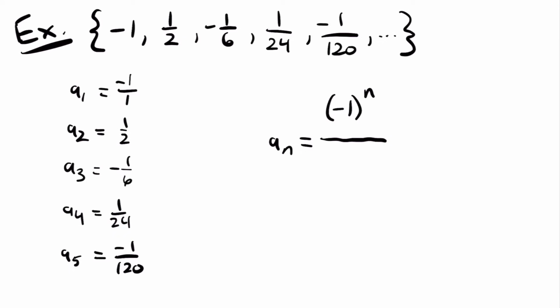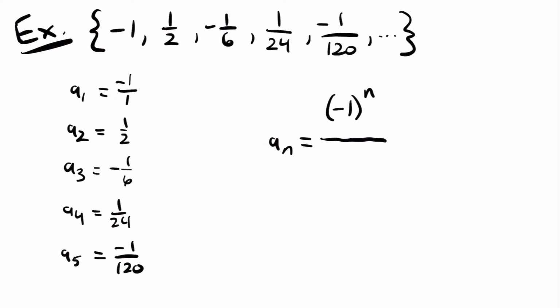Now, this first denominator is just 1, so if n is equal to 1, the denominator is 1. For the next term, when n is equal to 2, the denominator is also 2. And so it looks like the denominator is just going to be the value of n until we look at our third term. When n is equal to 3, we have 6. And then it starts to get really big. When n is equal to 4, we have 24. And when n is equal to 5, we have 120.